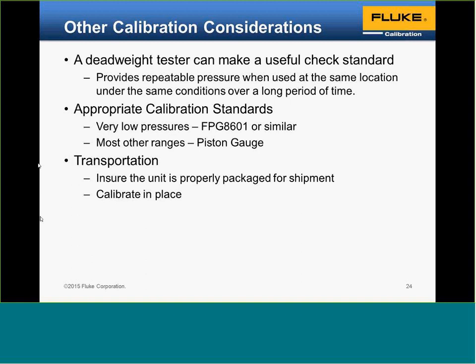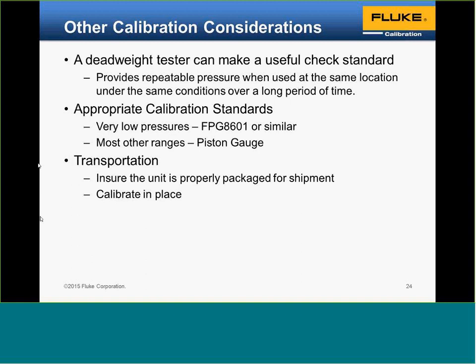Have a pneumatic deadweight tester next to your pneumatic pressure controller. Say you only generate the full scale of your pressure controller on your deadweight tester. Over time you can observe the span drift of the controller relative to the deadweight tester.